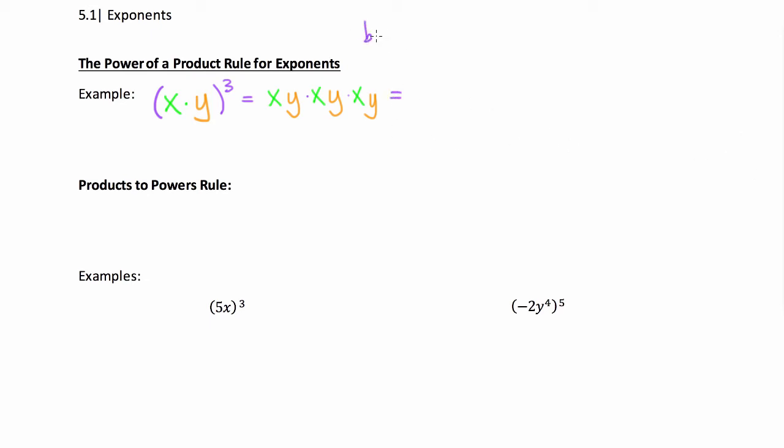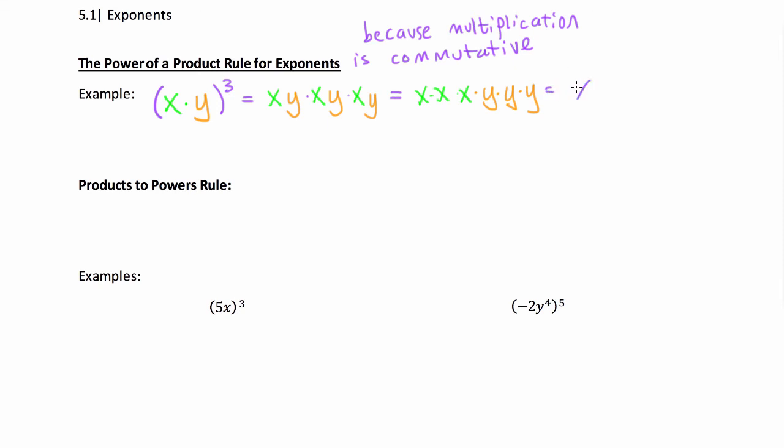So I can rewrite this in any order. So why not put all the x's together and have x times x times x times y times y times y. And so what I end up with is x cubed times y cubed.